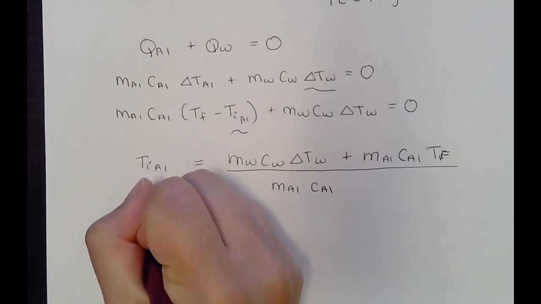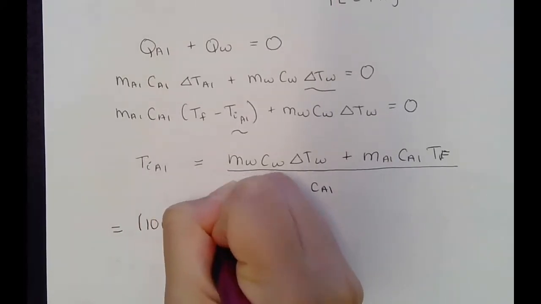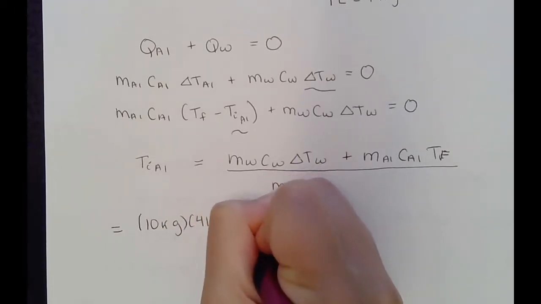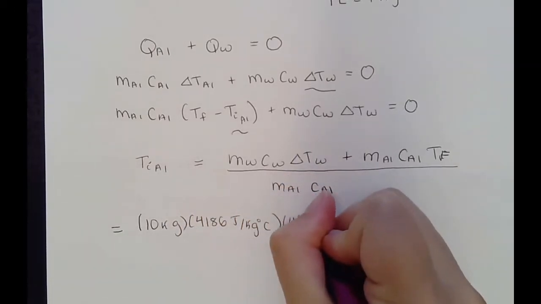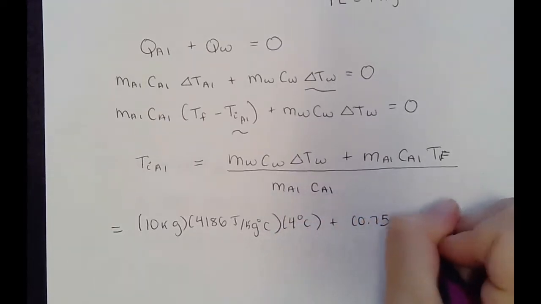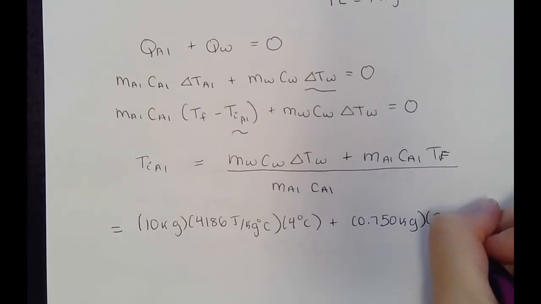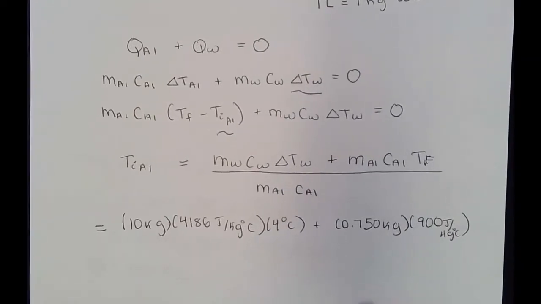So we have the mass of water, 10 kilograms, times 4,186 joules per kilogram degree Celsius, times 4 degrees, plus 0.75 kilograms times 900, times 24 degrees.